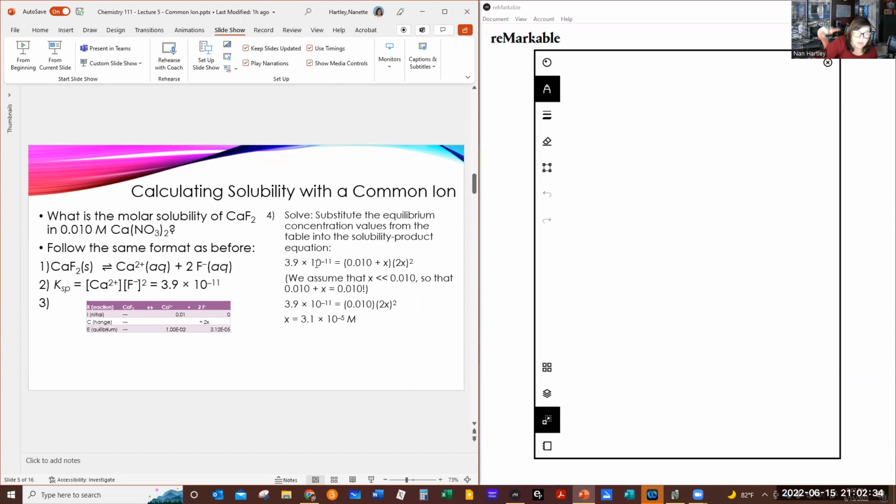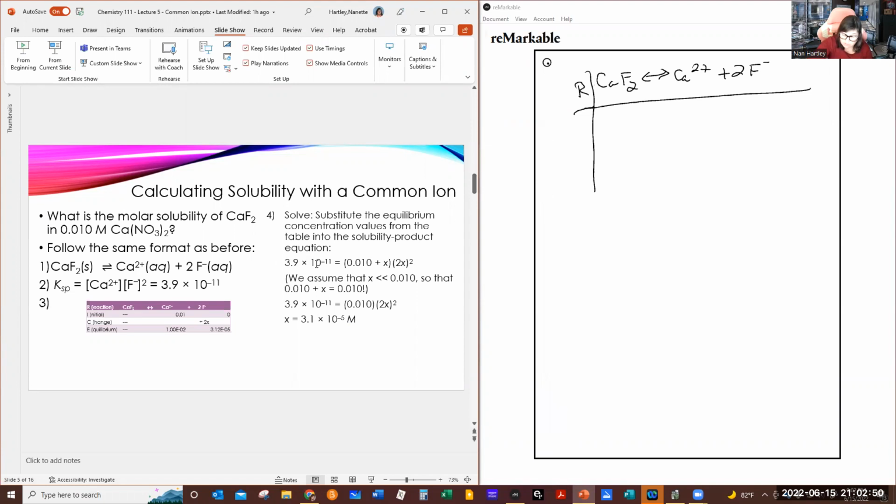So now I'm looking at CaF2, again, going to Ca2+ plus 2F-. I don't care about that because it's a solid.